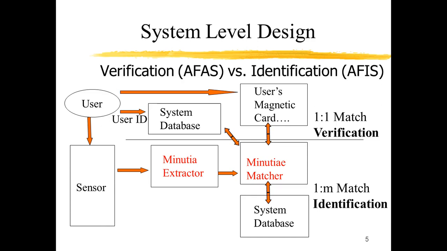If there is a match, the user is allowed or given authority to access information. This is basically used in ATMs or credit cards or even laptops that have fingerprint access.